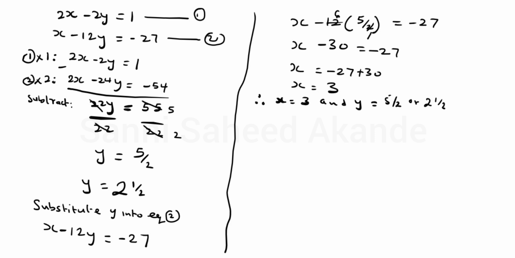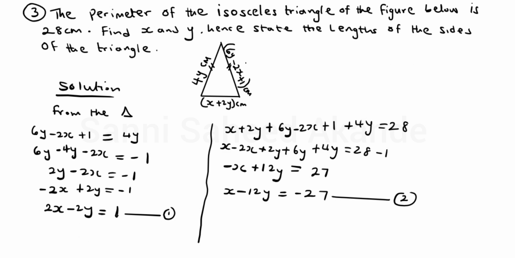Okay, so for us to know the length of the sides of the triangle, we are going to write these algebraic expressions that are given to us around this triangle, and I'm going to be plugging in the value of y and the value of x, and then solve this algebraic expression, and then I will get the value of sides.